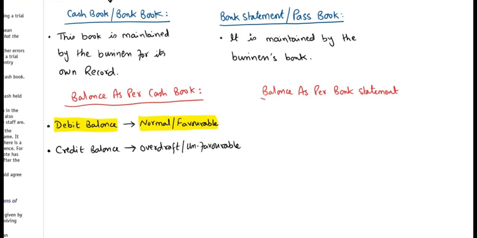Okay, the balance as per bank statement will be, if we have a credit balance, it is considered to be a normal balance as per bank statement.